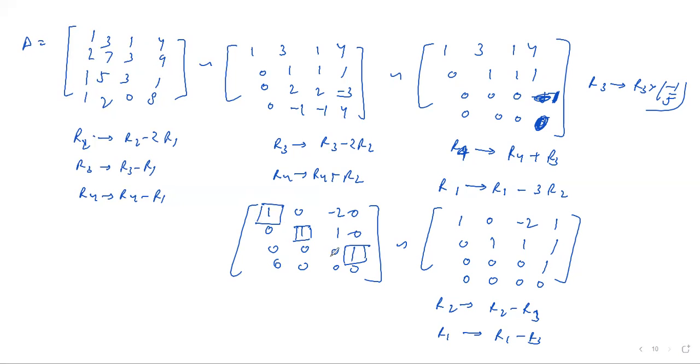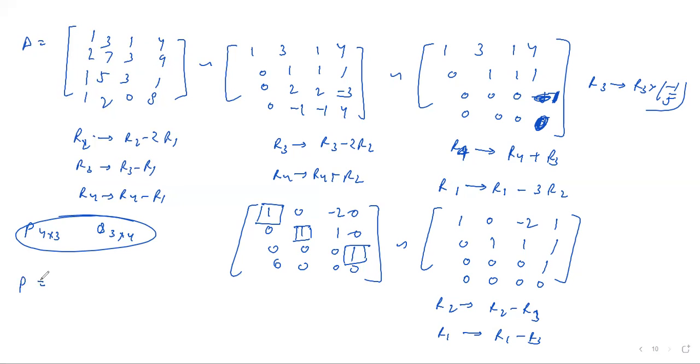Okay, so for finding the P and Q matrices, that are the rank factorization for this matrix, from this you can see that the rank of this matrix is 3. So P will be of 4 cross 3, and Q will be of 3 cross 4. So what is P?